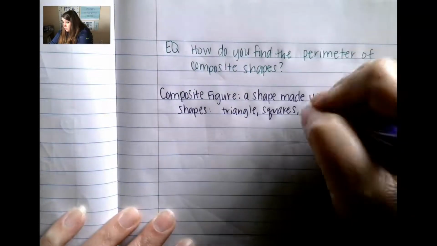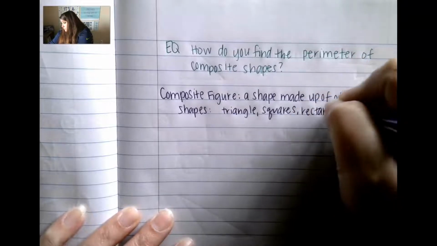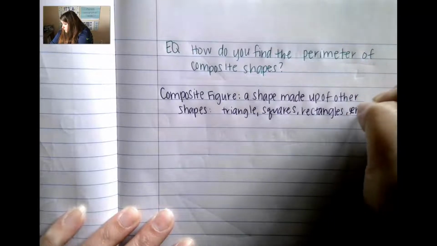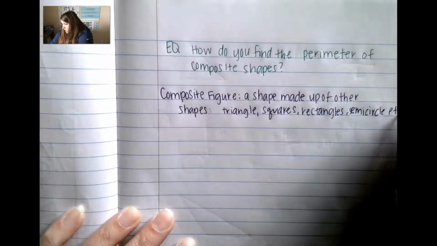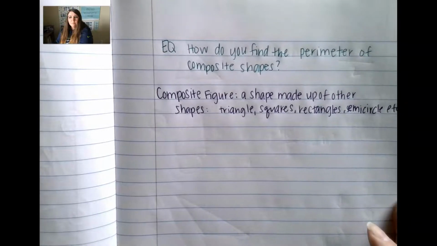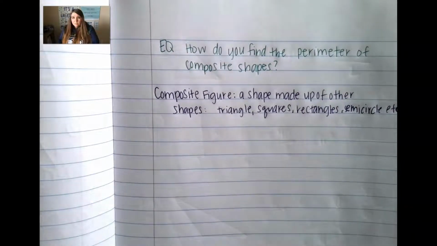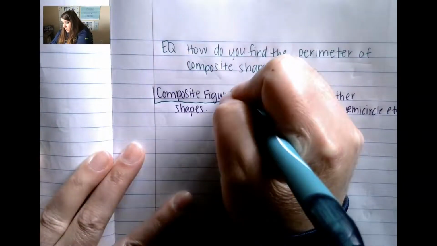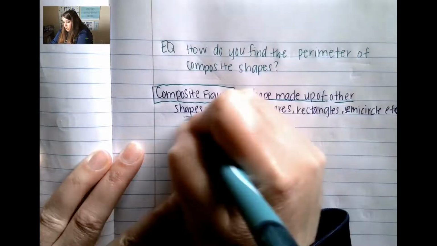So triangles, squares, rectangles, semicircles, etc. So many other different types of shapes. So a composite figure is a figure that is made up of more than one shape. So it's made up of other shapes.